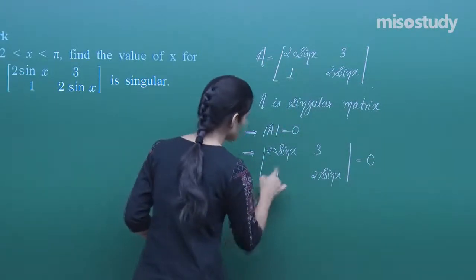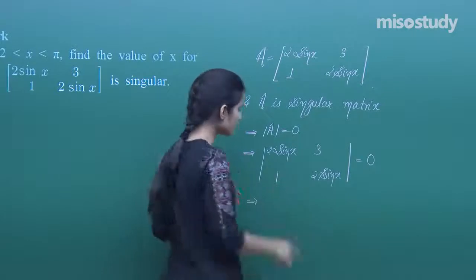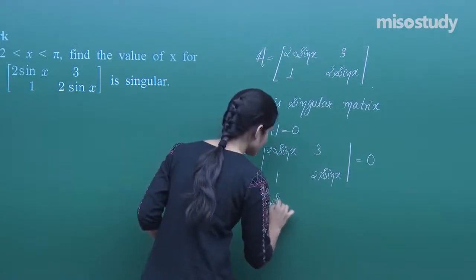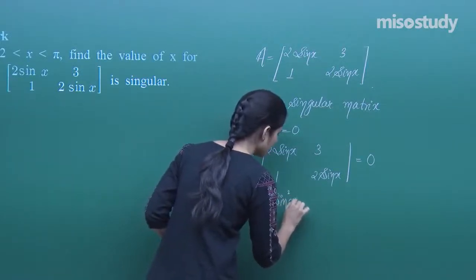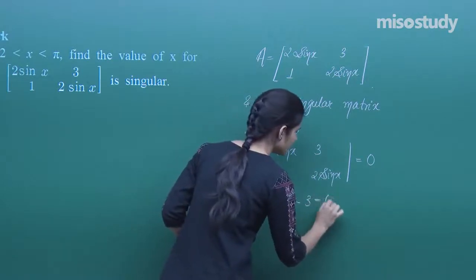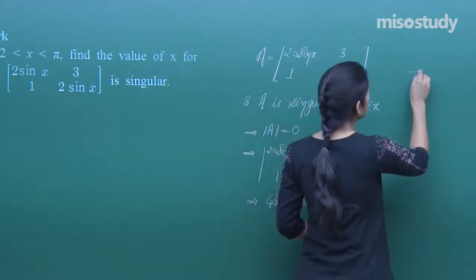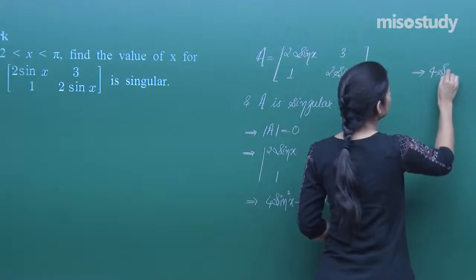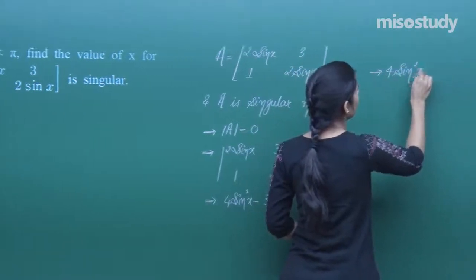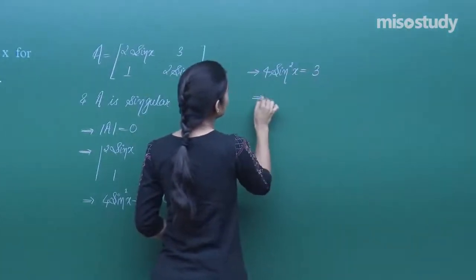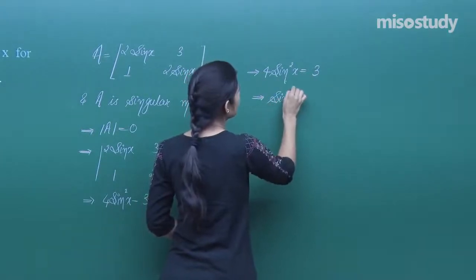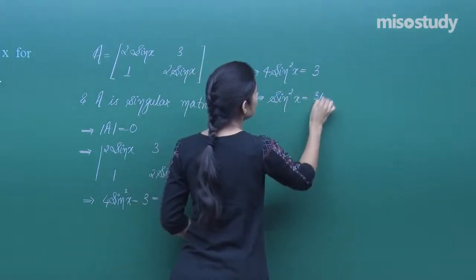This means what? Product of the diagonals minus product of off diagonals. So this gives you 4 sin square x minus 3 into 1 is 3 equals 0, which implies 4 sin square x equals 3, which implies sin square x equals 3 by 4.